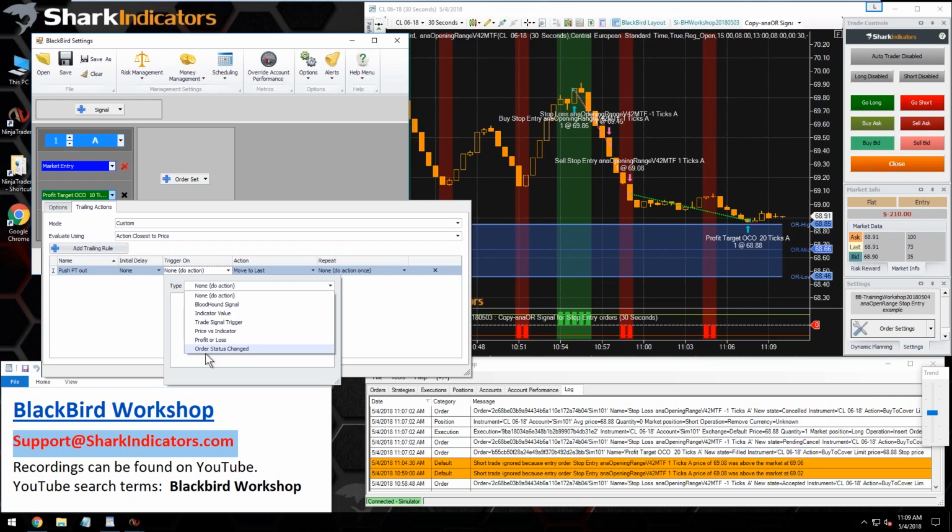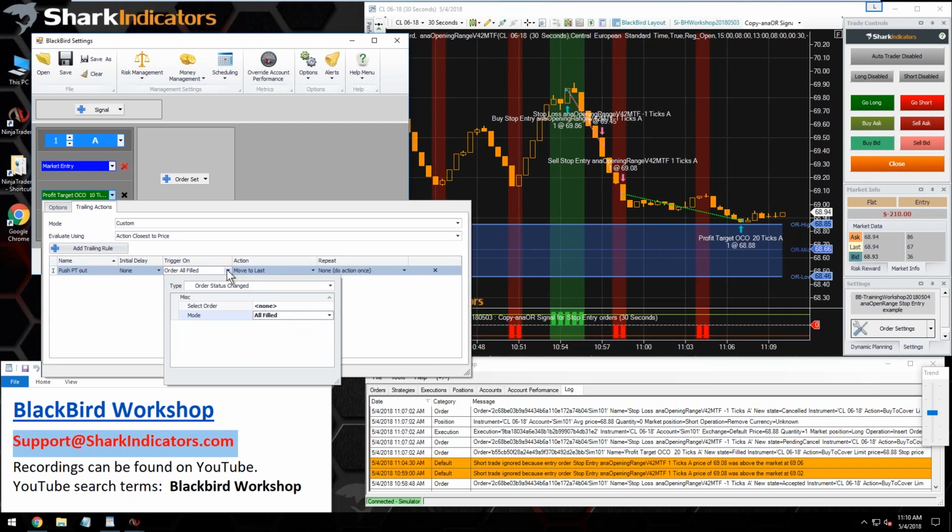Right now we can reference an order's status or state. We can check to see if an order has been filled or canceled, but right now there's no way to directly reference an order's price. We'll slowly add all these little extra bells and whistles into BlackBird once we finish getting converted over to NinjaTrader 8.